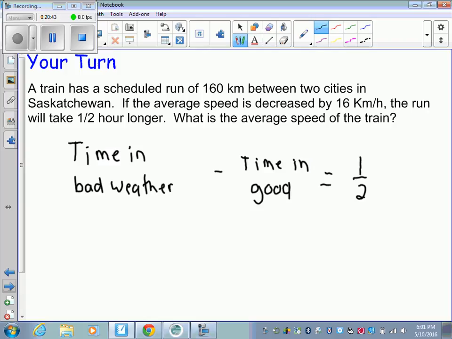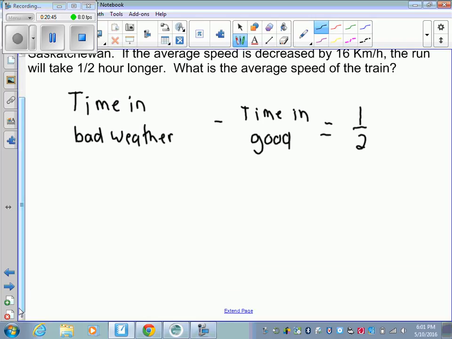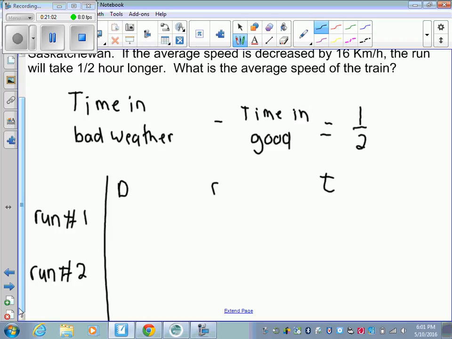So again, we want to create a little chart here. Distance, rate, time. Okay? Let's call it run number 1 and run number 2. Scheduled runs. So the first run, he was scheduled of 160. We don't know his rate. It doesn't tell us the rate.